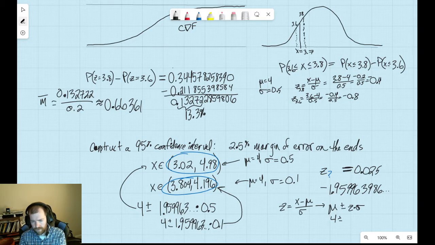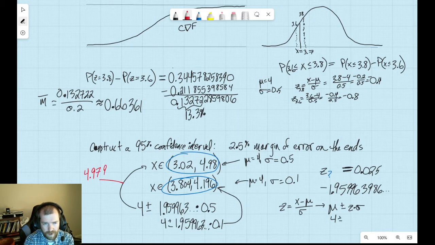Times 0.5. Yeah, okay. So the actual value here: 4.97998. Right, and 4 minus that, 3.02000185.